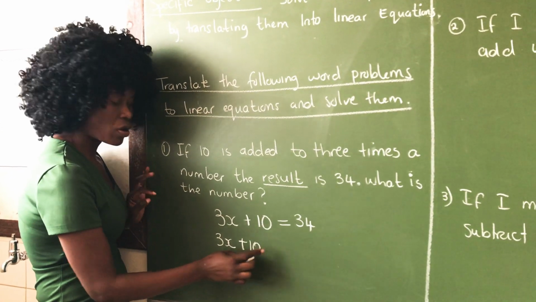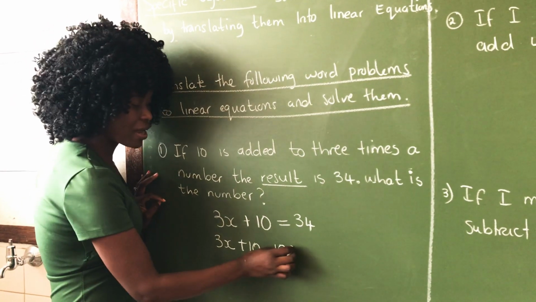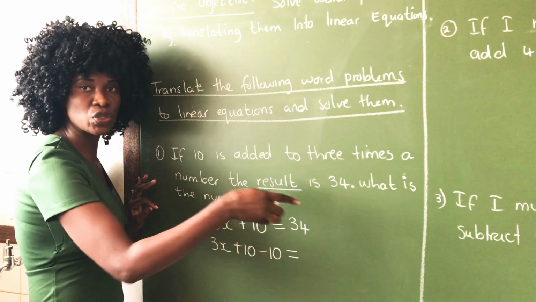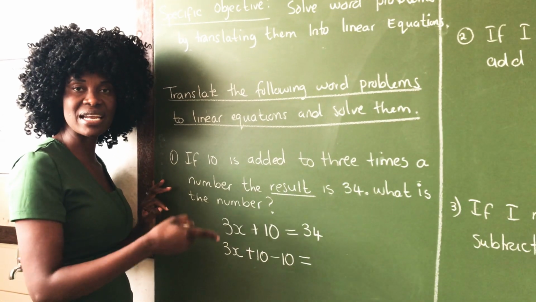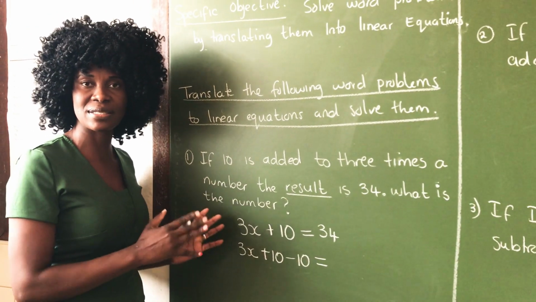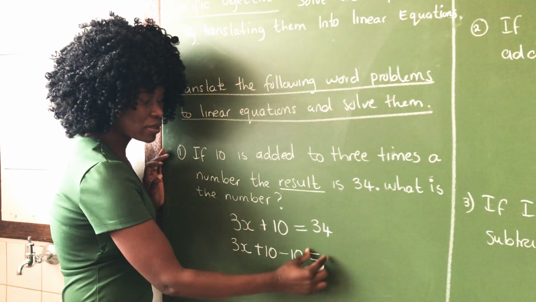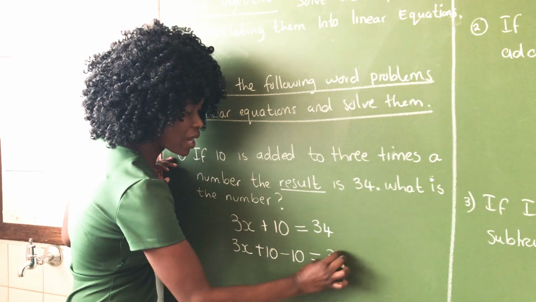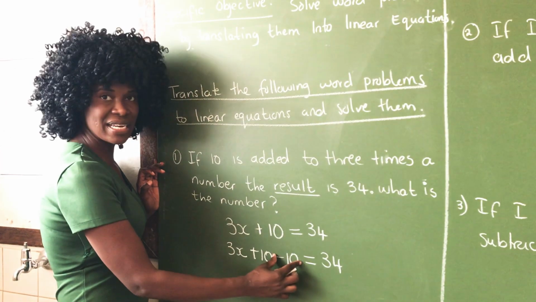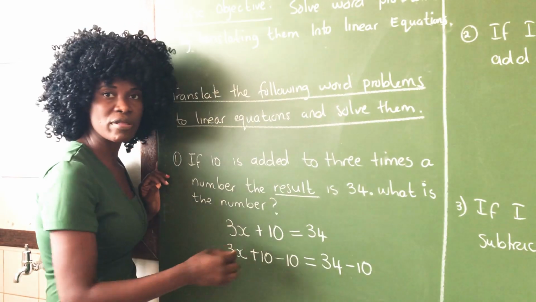To get a 0, I'll introduce minus 10. So if I introduce minus 10, then I must as well introduce minus 10 on the right hand side. Because with linear equations, whatever is applied on the left hand side must be applied on the right hand side as well. So I have my equal sign, the 34, we bring it down. Since we introduced minus 10 on the left hand side, we introduce minus 10 as well on the right hand side.